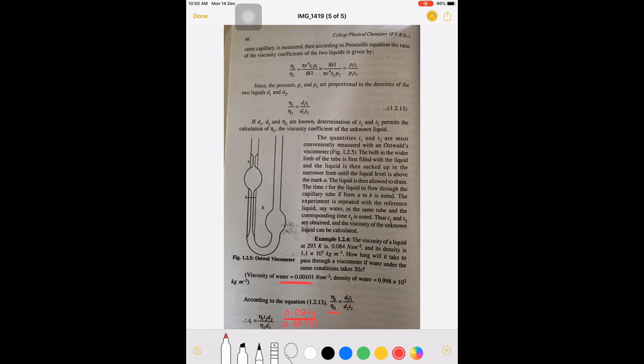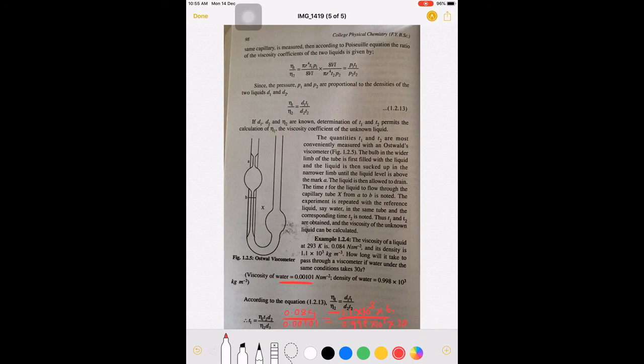Then d1, the density of the first liquid, is 1.1 into 10 raised to 3. T1 is to be calculated. D2, the density of water, is 0.998 into 10 raised to 3, and T2 is given, that is 30.